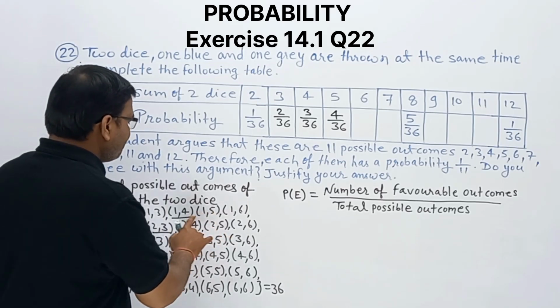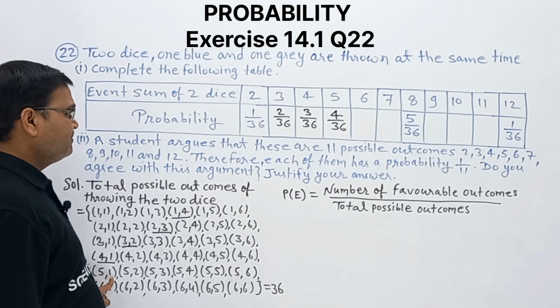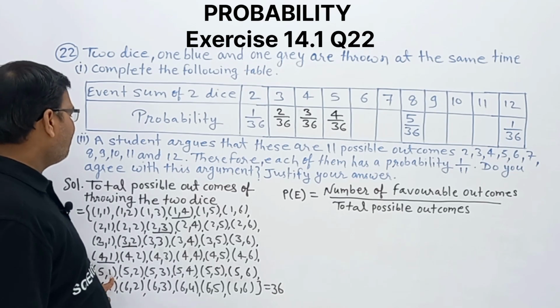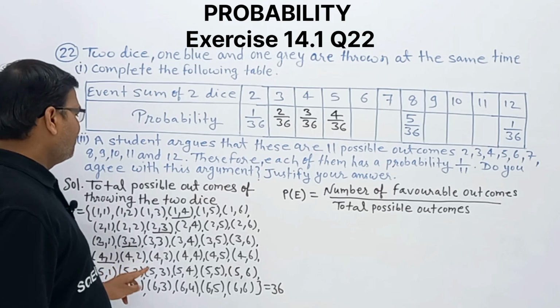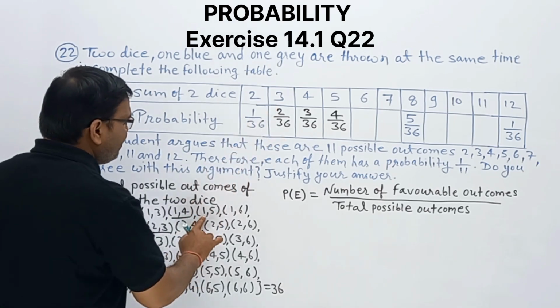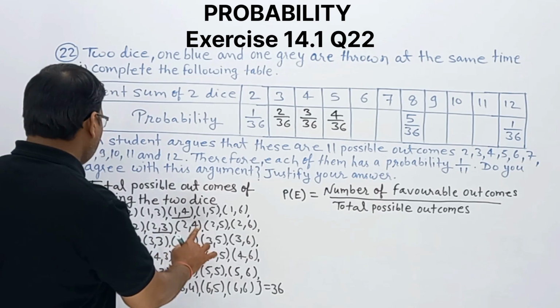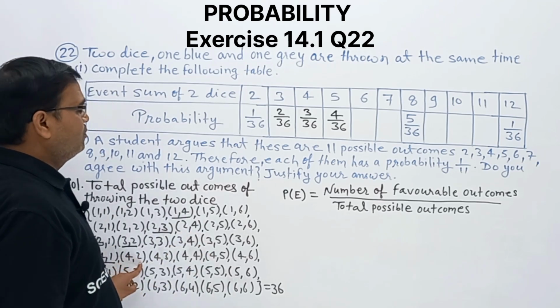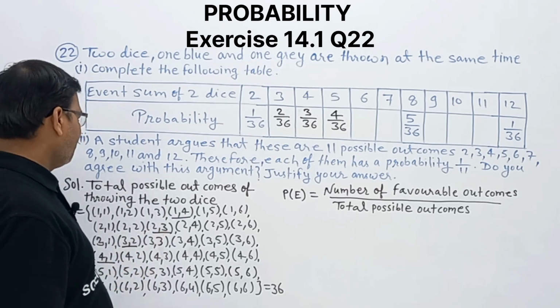Now next one, sum of 2 dice 6. We want 1 comma 5, 5 comma 1, 2 comma 4, 4 comma 2, and since 6 is required, 3 comma 3.